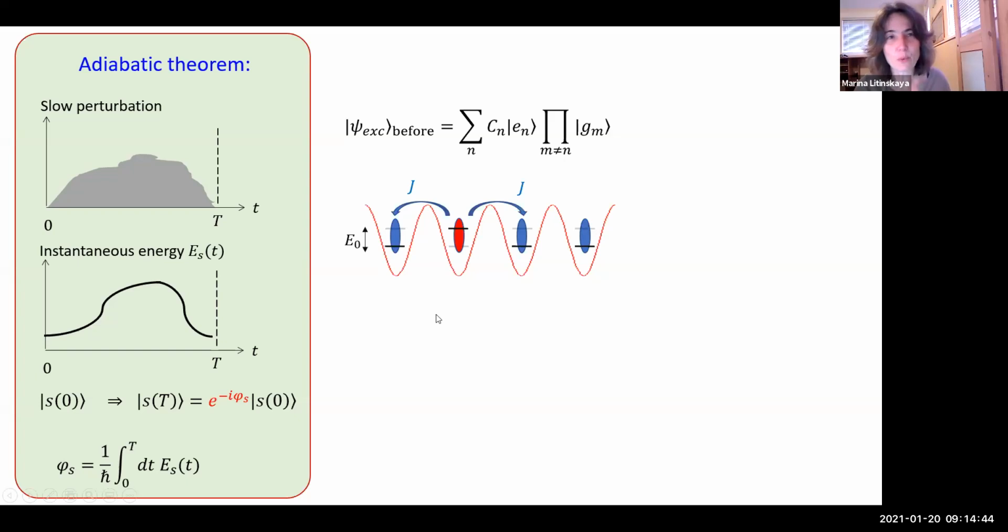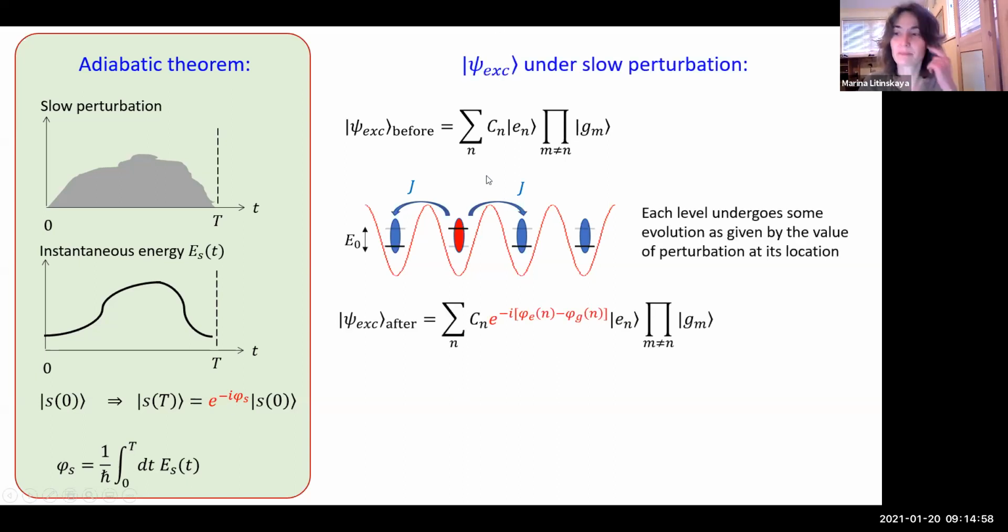So if we come with an external electric field, we have a bunch of levels. Each molecule has a ground state and an excited state. Each of them picks up a phase, right? And it is easy to convince yourself that the excitonic wave function after the slow perturbation is over, each monomer, each two-level system picks up a phase, such a phase which looks like this, and it depends on the location, because it depends on what the electric field at the location of this specific molecule is.